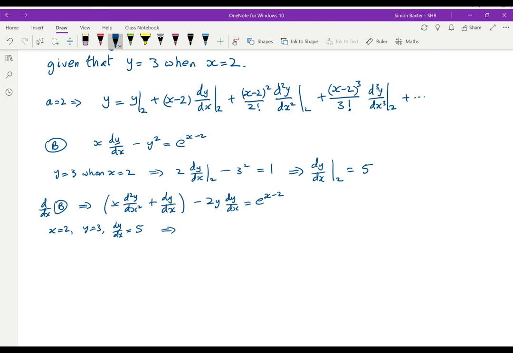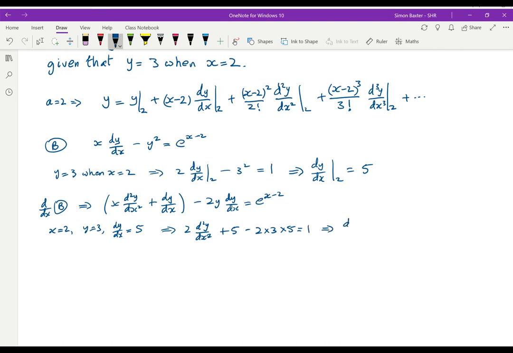That will give me that 2 d2y by dx squared plus dy by dx is plus 5 minus 2 times y, which is 3, times dy by dx, which is 5, equals e to the 2 minus 2 is 1.